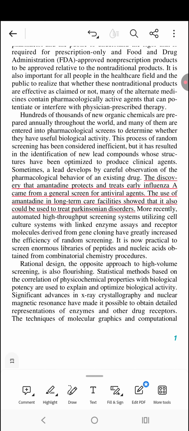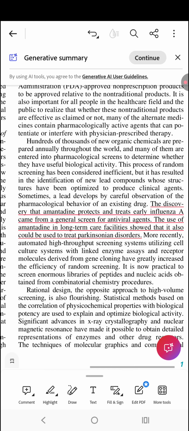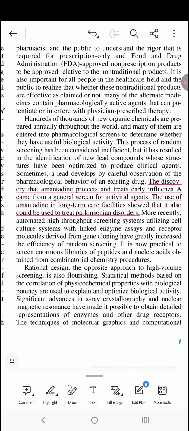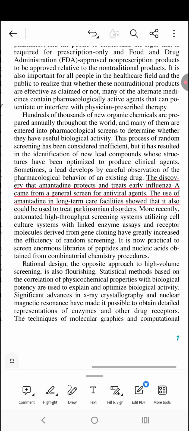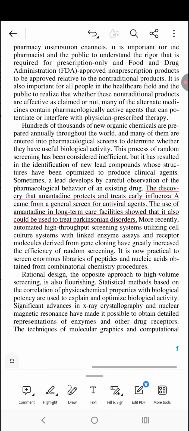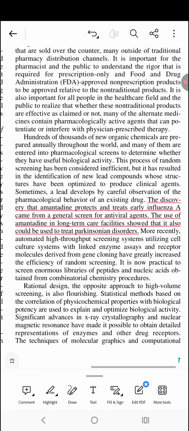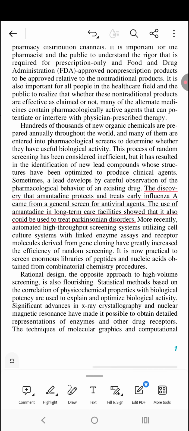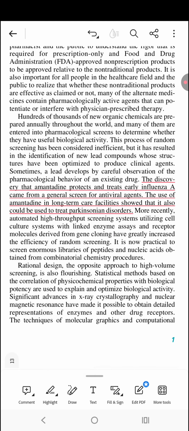Rational design, the opposite approach to high-volume screening, is also flourishing. Statistical methods based on the correlation of physicochemical properties with biological potency are used to explain the optimized biological activity. Significant advances in X-ray crystallography and nuclear magnetic resonance have made it possible to obtain detailed representations of the enzyme and other drug receptors.